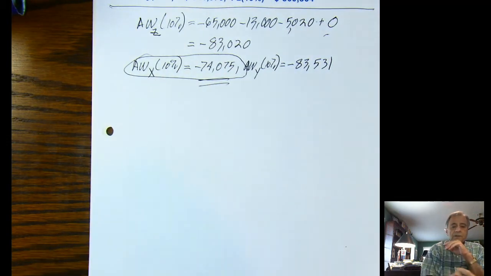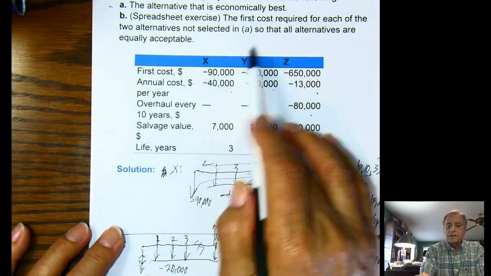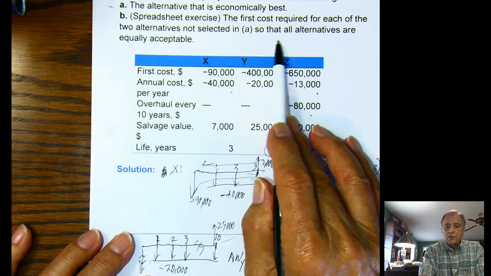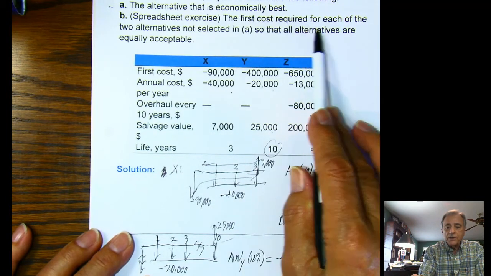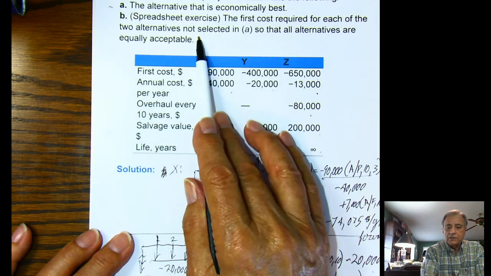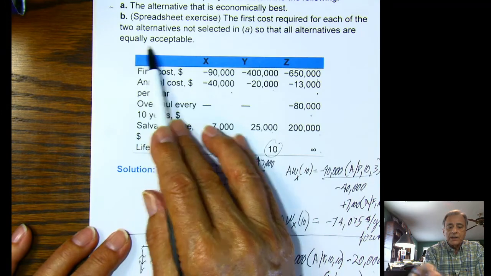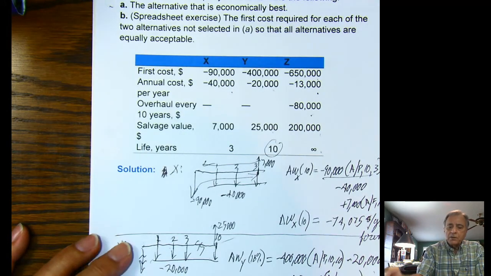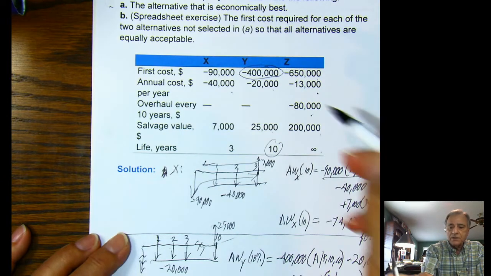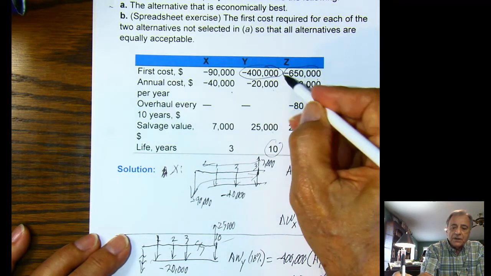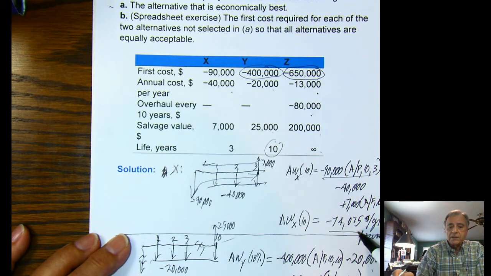Now, the question in part B says to use a spreadsheet and find out what the first cost required for each of the two alternatives not selected, so that all the alternatives are equally acceptable. So we're going to make this into a question mark. That's the first cost of this one and the first cost of this one, because we have the best one, which is this 74.